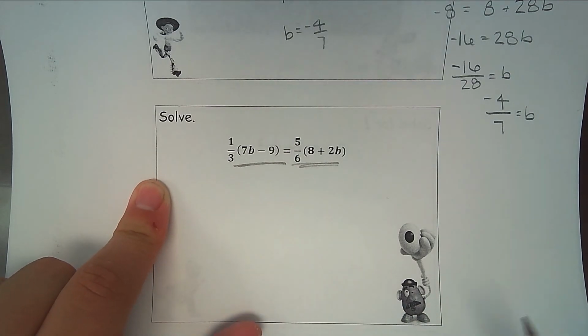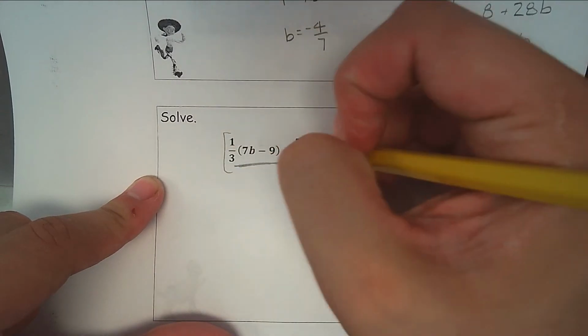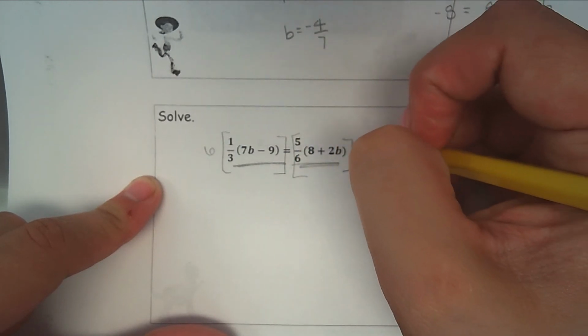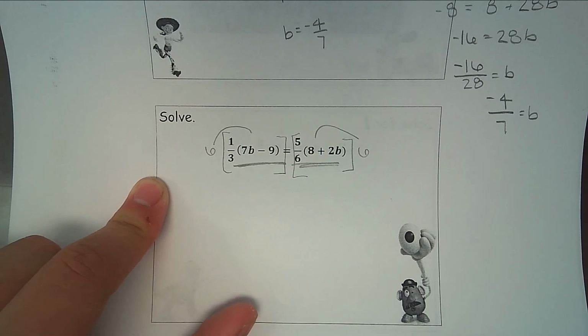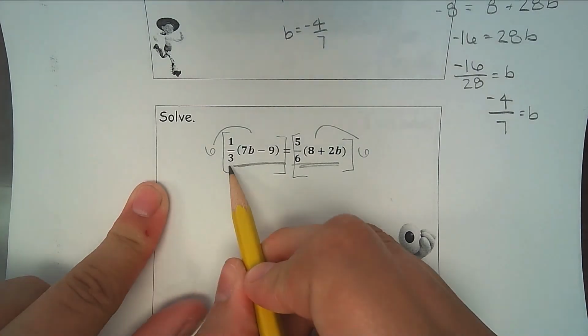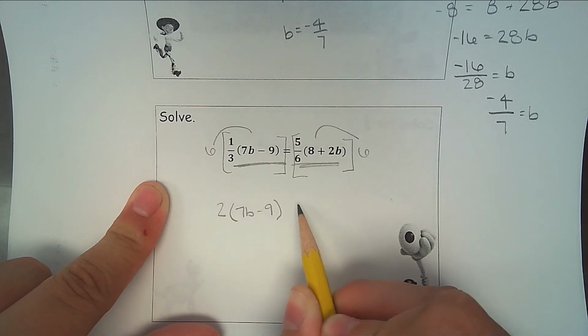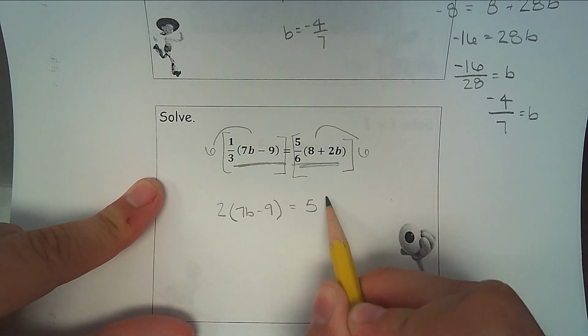They both can go into 6. So now again, I only need to multiply it once because they're one term. So now 6 times 1/3 is going to give me a 2. And 6 times 5/6 is going to give me a 5.